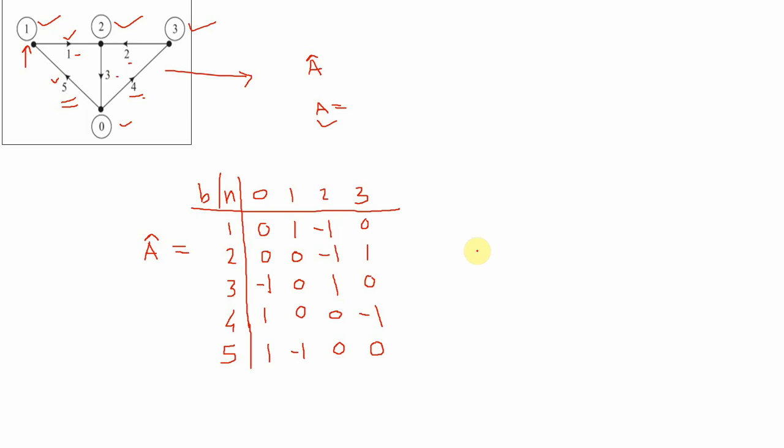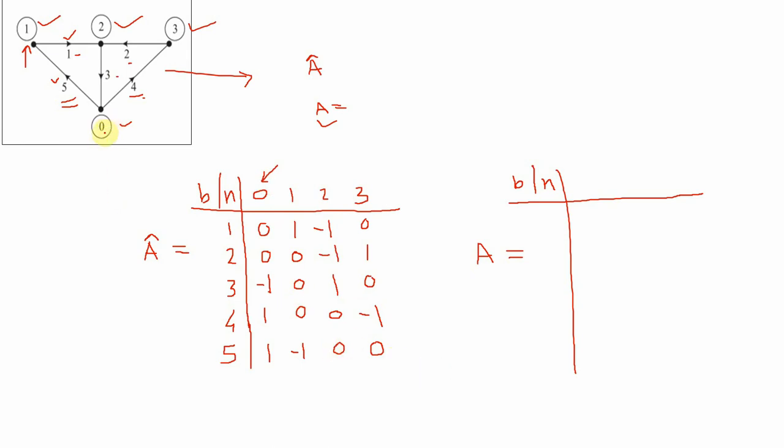Now next is the bus incidence matrix, which is represented by simply A. While finding the bus incidence matrix, what you have to do is just remove the reference column and rewrite the matrix. In this case, this 0 node is your reference node.